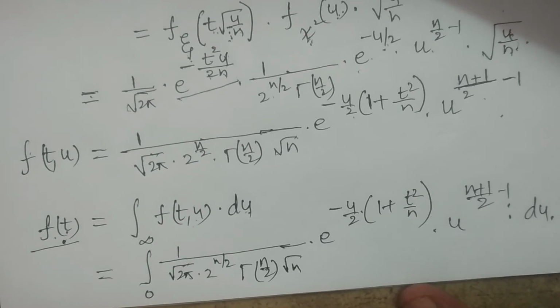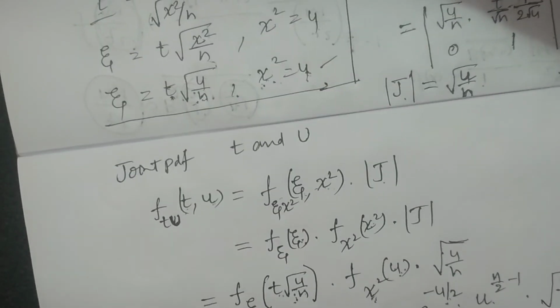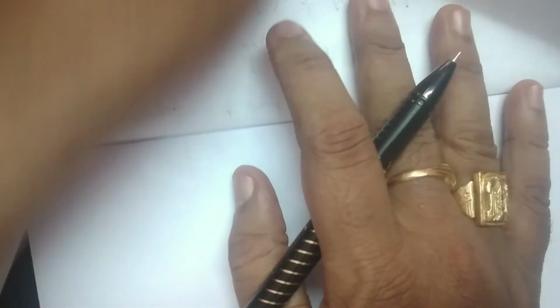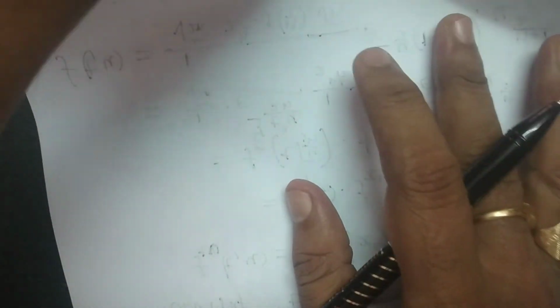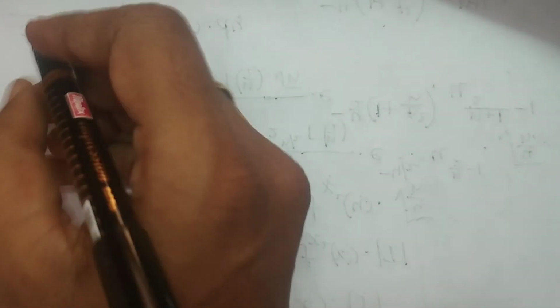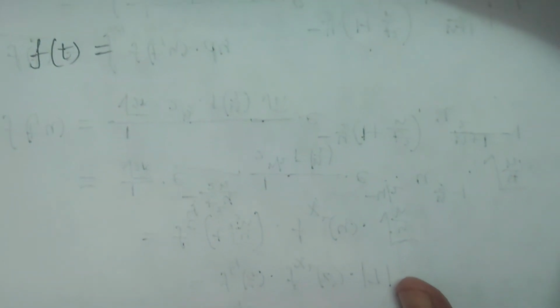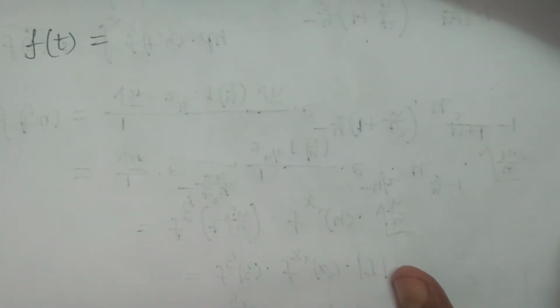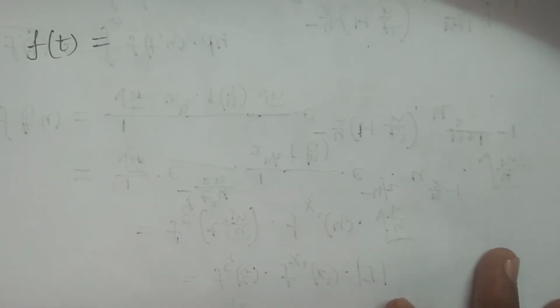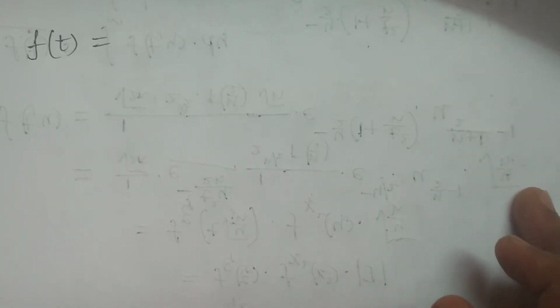Now I go to the next page and do the integration with respect to u. I am calculating f of t. F of t is obtained by integrating f of t, u, the joint, with respect to u.